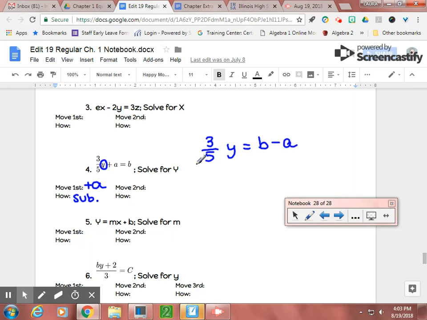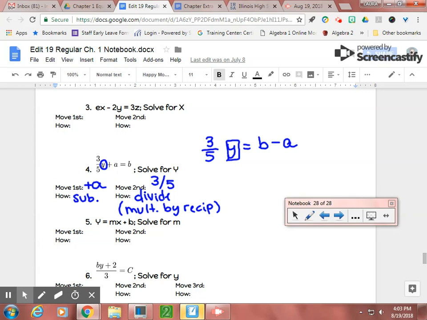Okay, so again, our job is to get y by itself. So we need to move the 3/5. Remember that 3/5 is a fraction, and it's 3/5 times y. So we want to divide, but when you're dividing fractions, remember that what you're really doing is multiplying by the reciprocal.